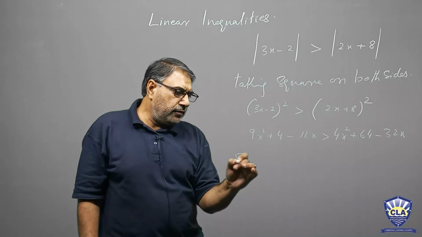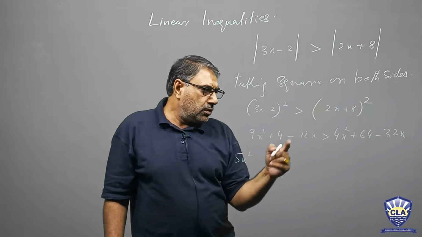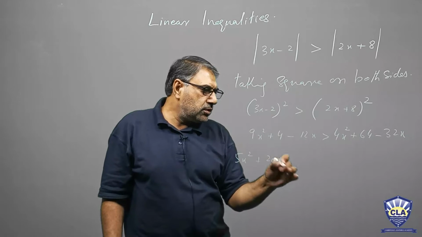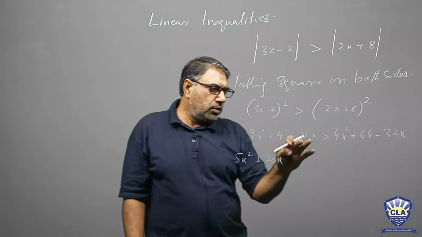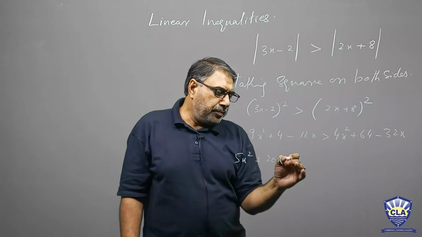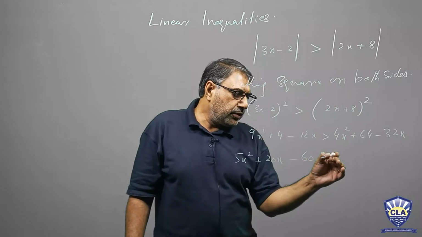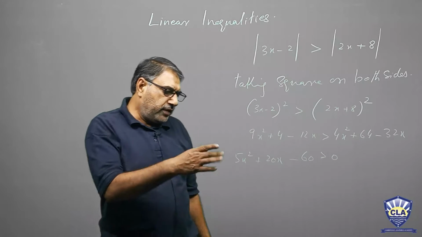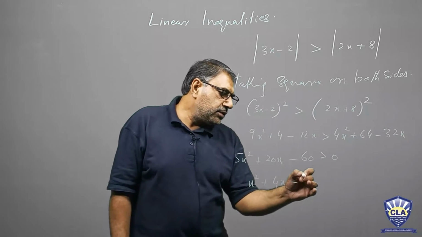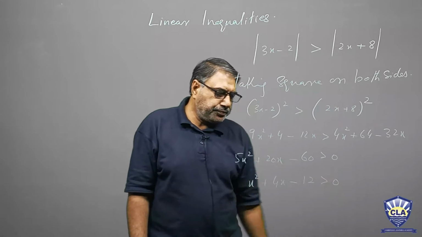Rearrange this: 5x² minus 12x plus 32x minus 64 minus... that is, 5x² + 20x + 4 − 64 = 5x² + 20x − 60 is greater than 0. Take 5 common: x² + 4x − 12 greater than 0.